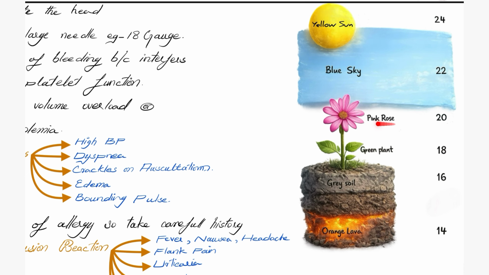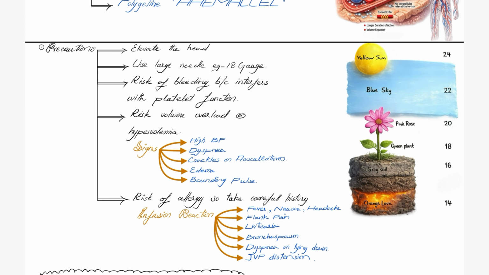A flower is pink in color and the pink cannula has 20 gauge size. The sky is blue and the blue cannula has a size of 22 gauge, and the sun is yellow and the yellow cannula has a size of 24 gauge. So you can remember cannula sizes along with their colors with the help of this particular image. You can keep it in your mind and easily recall it at the time of need.